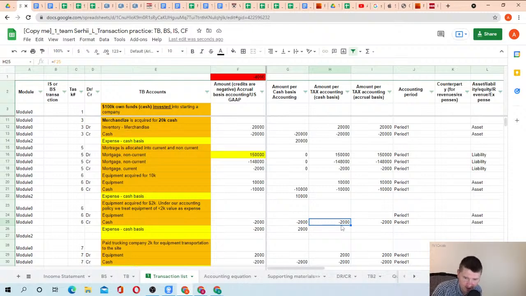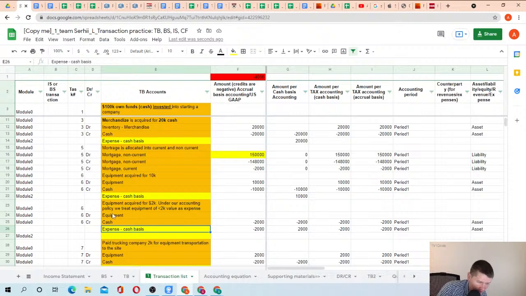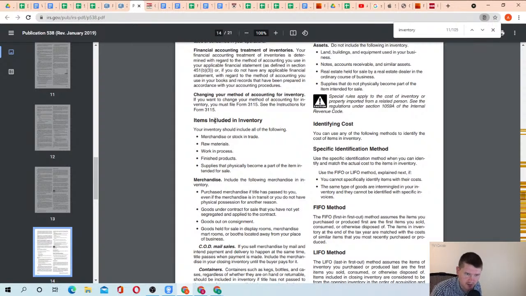And the tax treatment. So tax treatment for that will also be expense under both circumstances. Why is that? That's because there is, let's copy the description here.